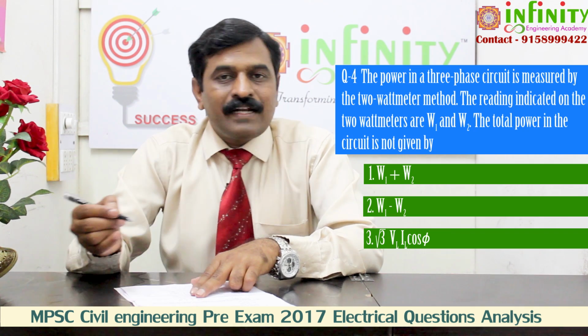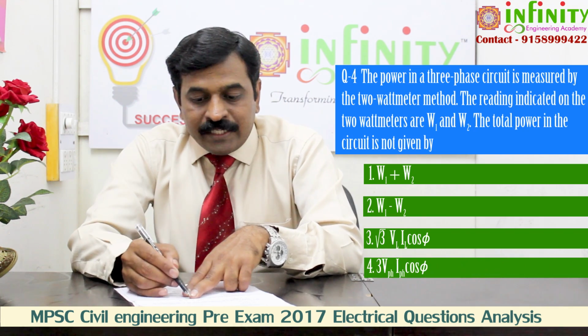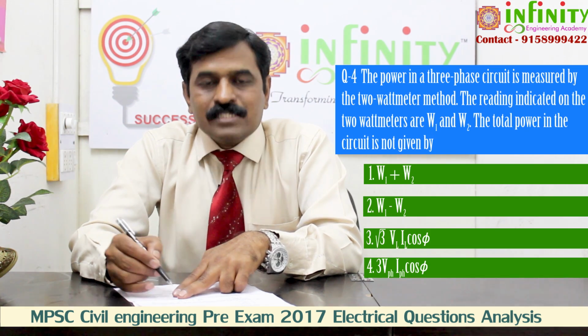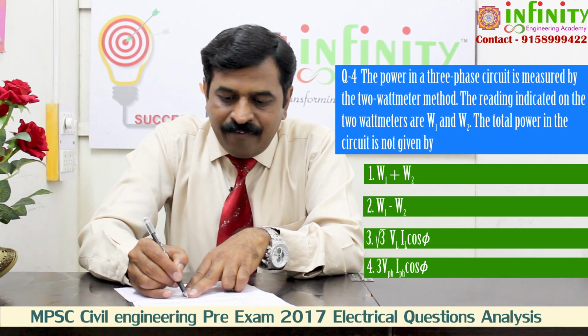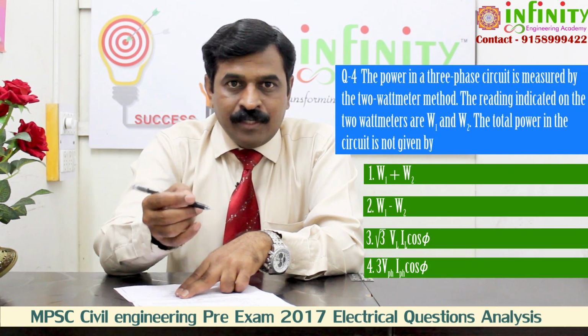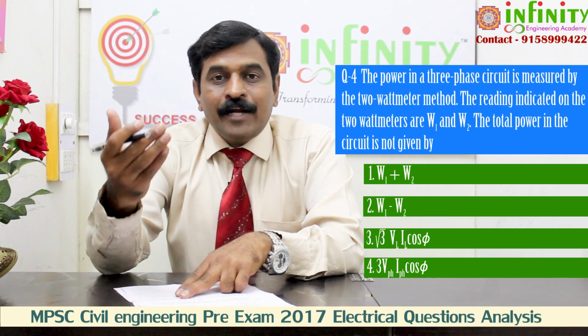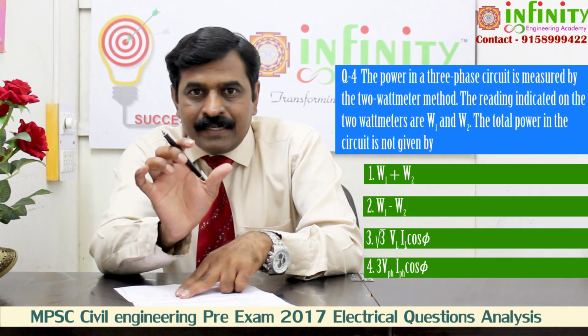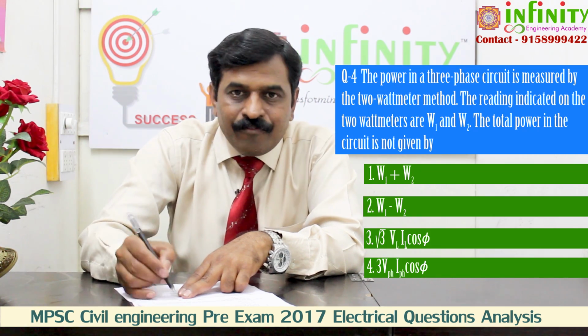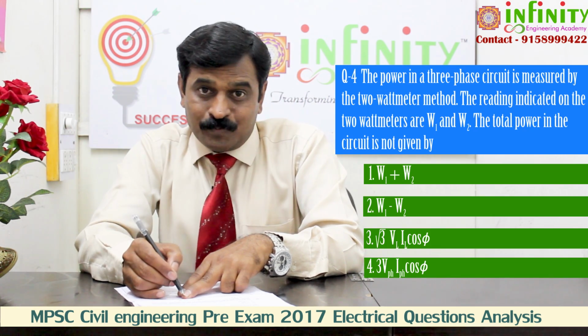And the fourth one, last one, 3 VPH IPH cos phi. Again, what is VPH? Phase voltage. What is IPH? Phase current. You should also try to build the relation between IPH and IL, VPH and VL. You should go through each and every part of the option also.